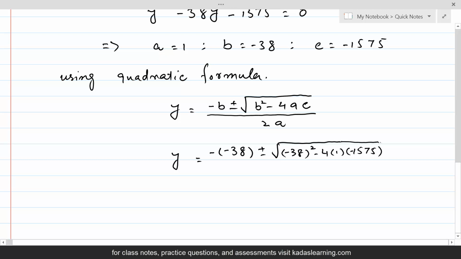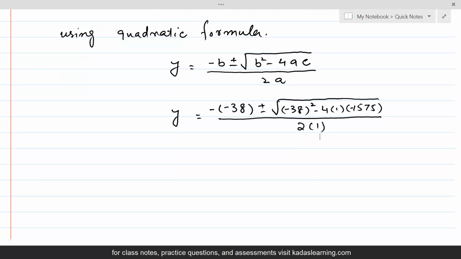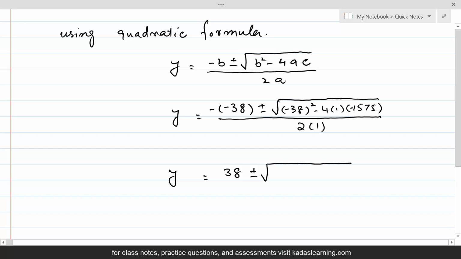And once we multiply and divide by 2a, 2 times 1, what we will get here is y equal to 38 plus minus square root. If we take 38 squared, this will become 1444, and negative times negative will become plus, and this will become 6300, divided by 2.